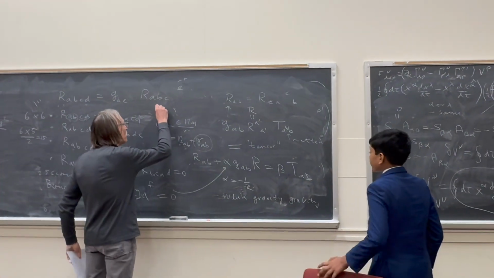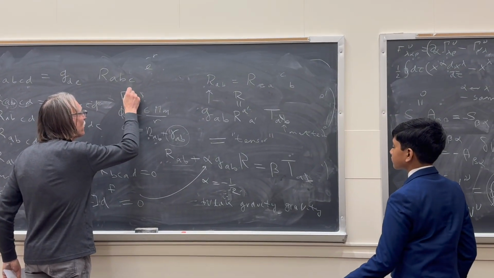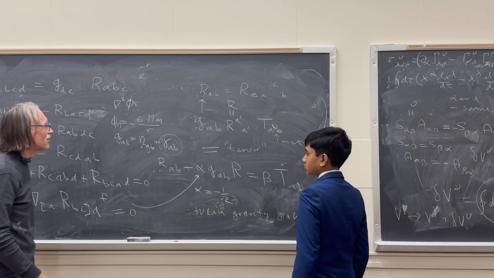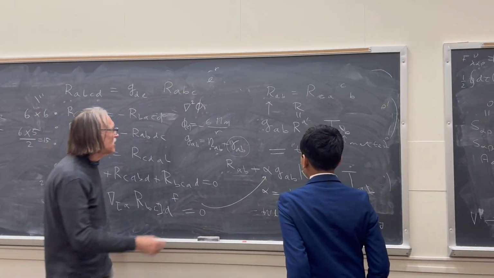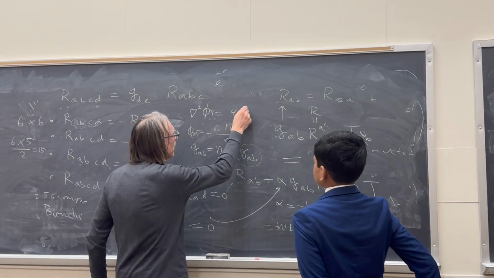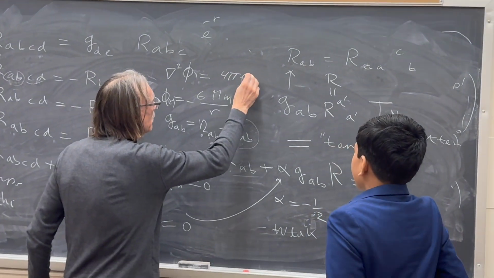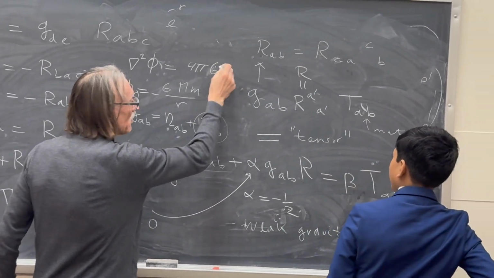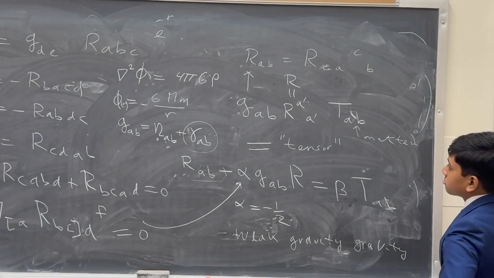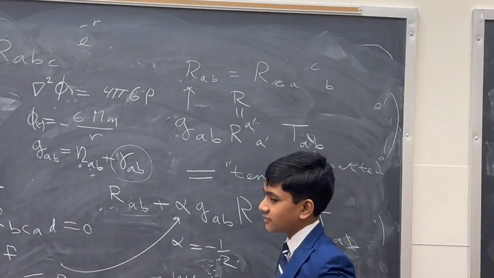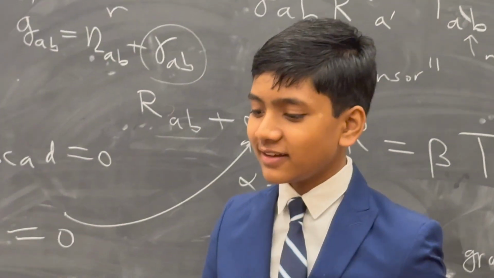So what we know from a gravitational potential is that this is equal to 4 pi g times the matter density. You know that equation? And I have to check the sign. Let me do that.